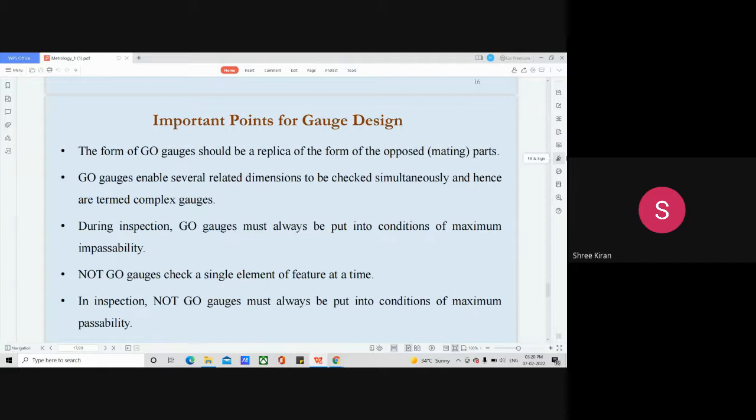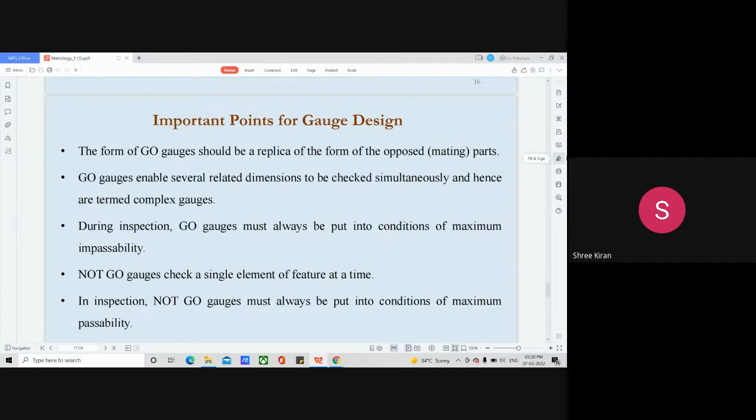The go gauges enable several related dimensions to be checked simultaneously and hence are termed complex gauges. So in the case of gauge design, the form of go gauges should be a replica of the form of the opposed mating parts.